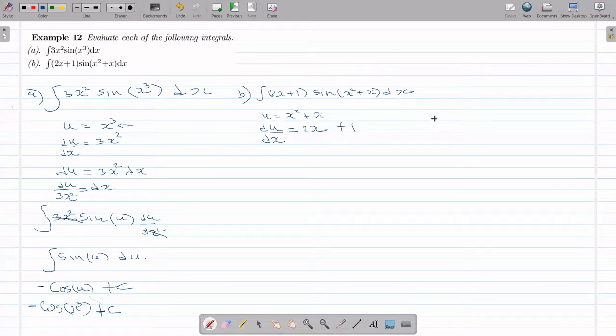Okay? Any question? Now I isolate dx, no? So I take dx to this side. Then to isolate dx, I divide by this guy.